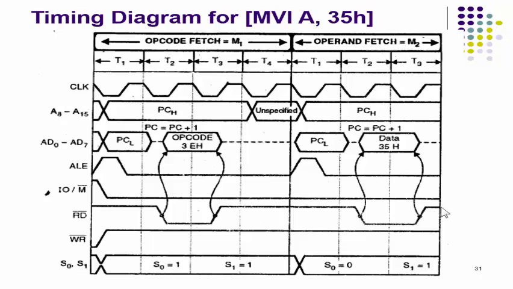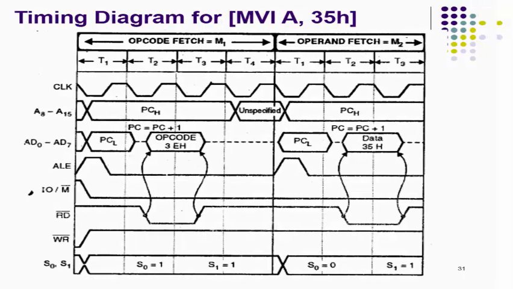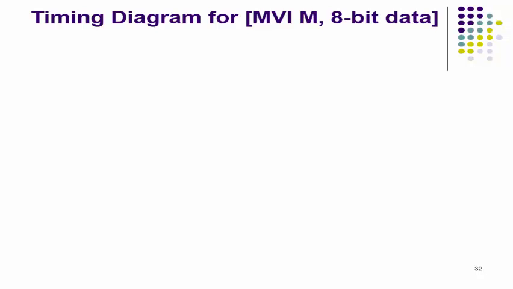The data reading gets completed in the T3 state, and the read bar signal is made high by the memory device to indicate data reading is over. So in this way, this MVI 2-byte instruction requires 2 machine cycles, opcode fetch machine cycle M1 and operand fetch machine cycle M2.